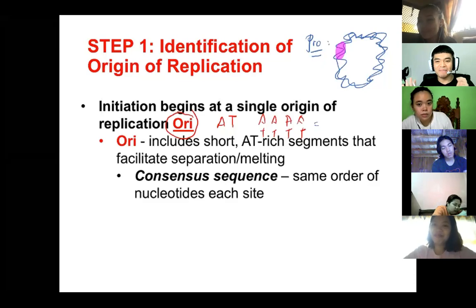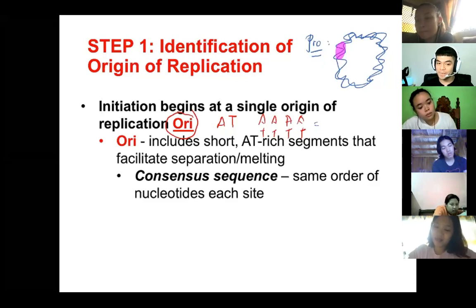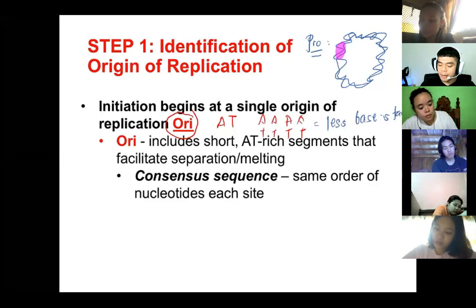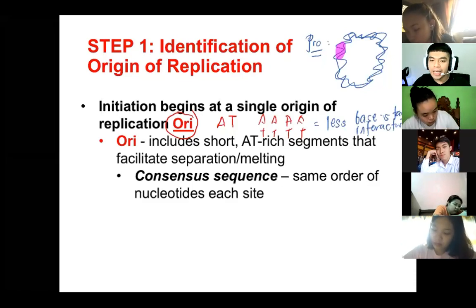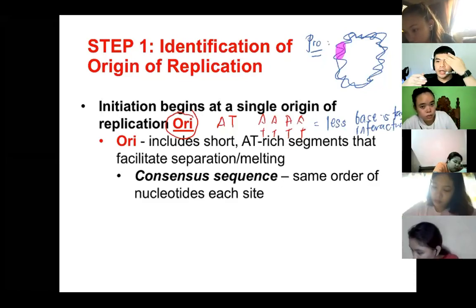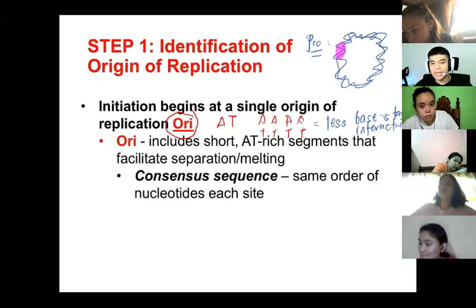So when it is purely AT segments, how is the base stacking interaction of the DNA? Less, okay? Less base stacking interaction in a purely AT segment. Let's repeat: when the segment is rich in AT, there is less base stacking interaction.